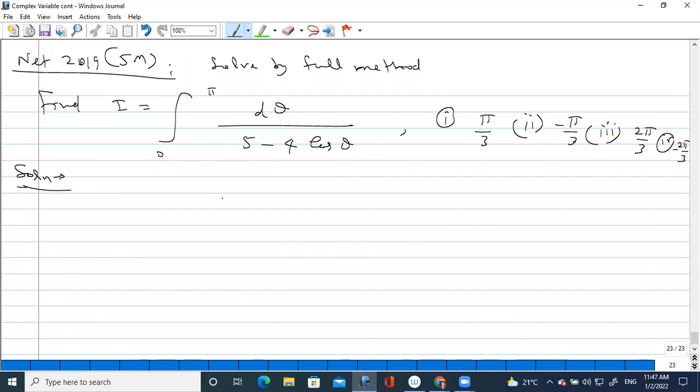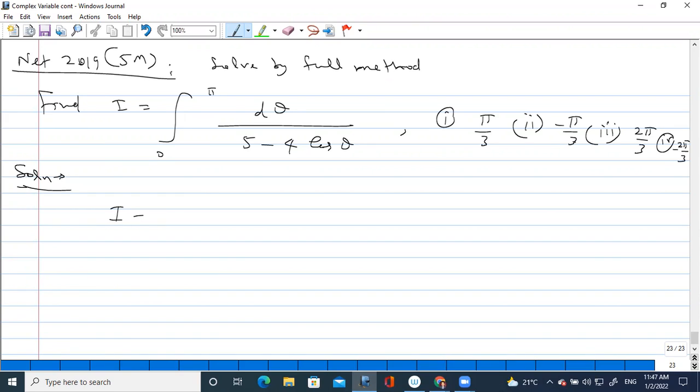For the solution, actually I can use it directly because I have given you one trick, but that is valid only for 0 to 2 pi, and here it is given 0 to pi. But if I check whether it is an even function or an odd function, cos theta is there, so it is an even function.